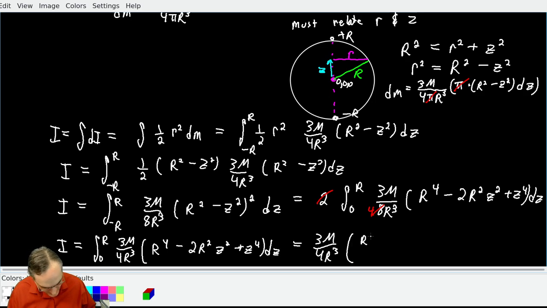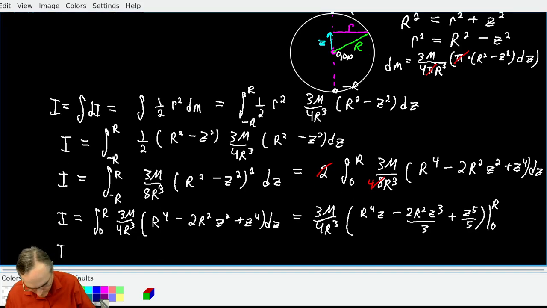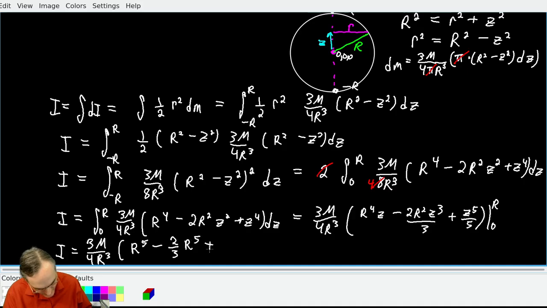All right, we're going to get R to the 4th times z minus 2R squared z cubed over 3 plus z to the 5th over 5 in our limit from 0 to R. All right, so 3m over 4R cubed. Then we get R to the 5th minus 2/3 R to the 5th plus R to the 5th over 5.